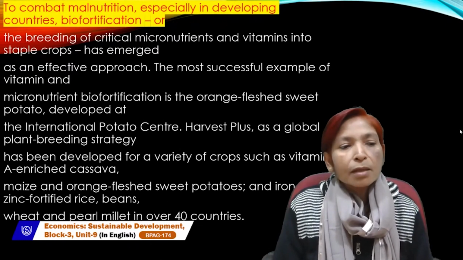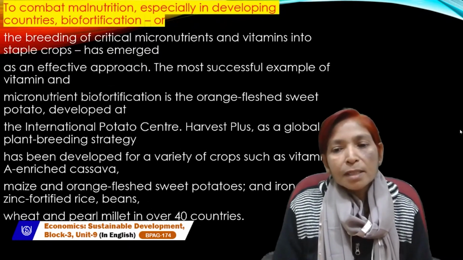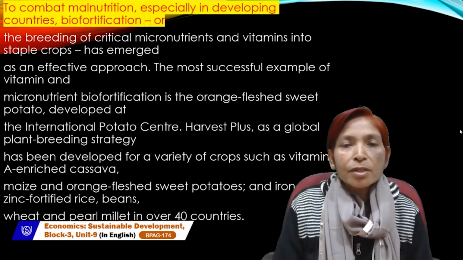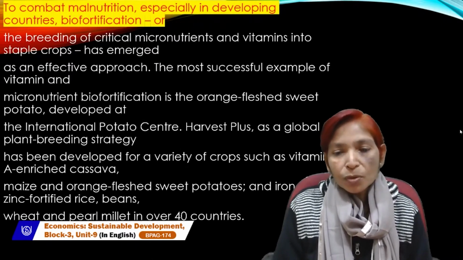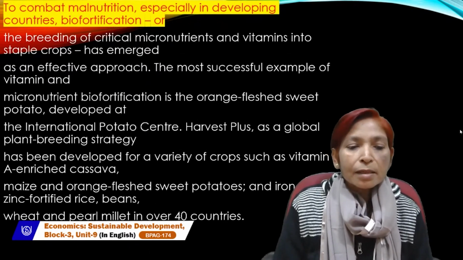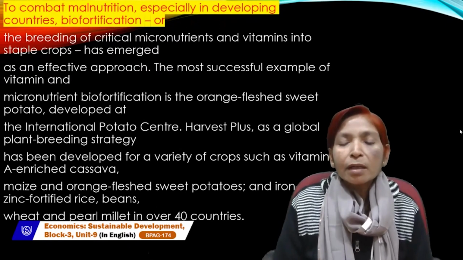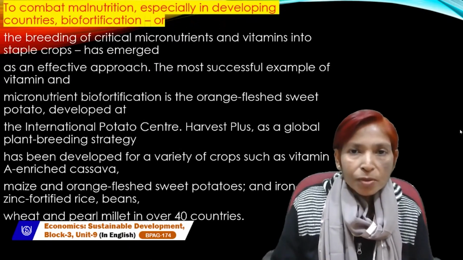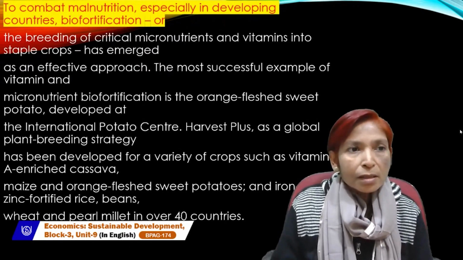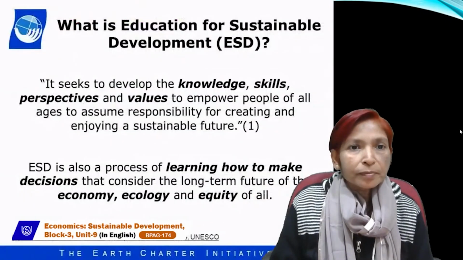HarvestPlus, as a global plant breeding strategy, has been developed for a variety of crops such as vitamin A enriched cassava, maize, and orange fleshed sweet potatoes, and iron and zinc fortified rice, beans, wheat, and pearl millet in over 40 countries. And all are using these green technologies for securing the environment.